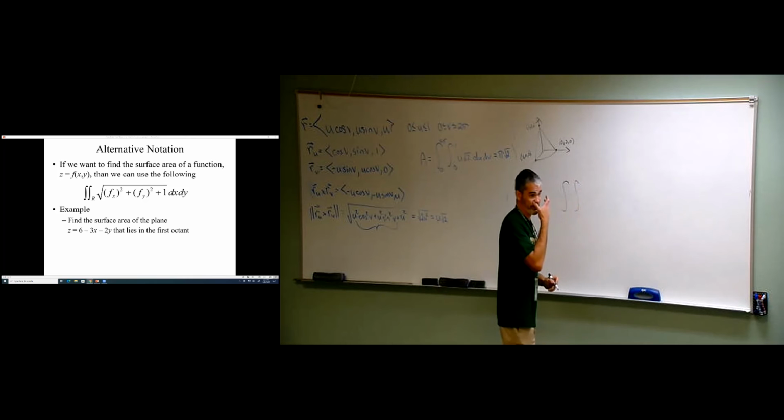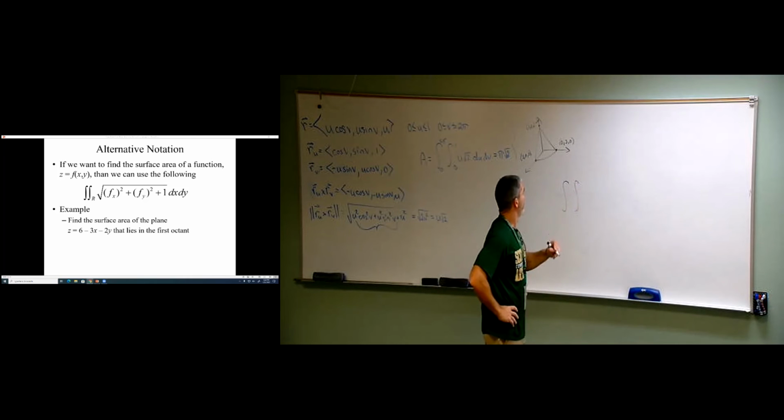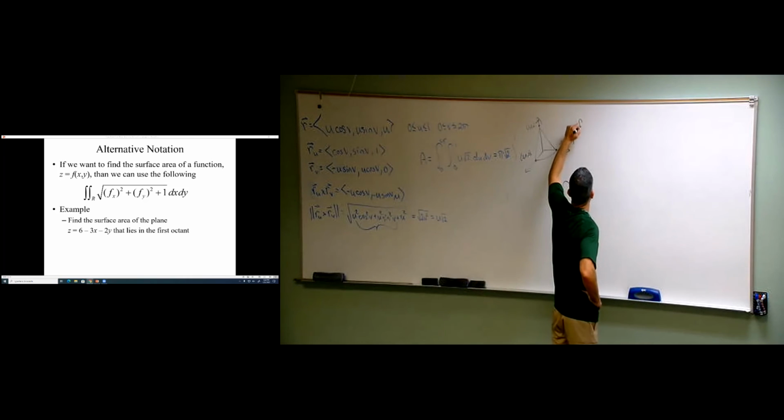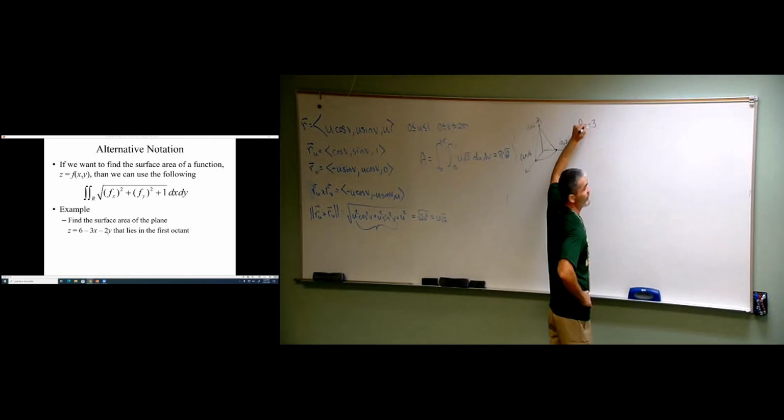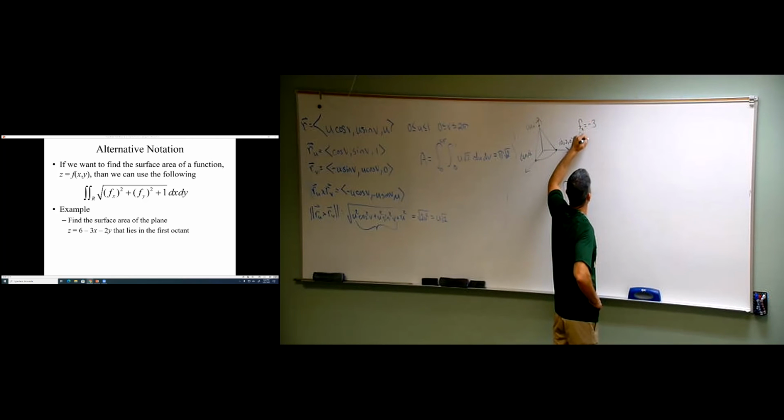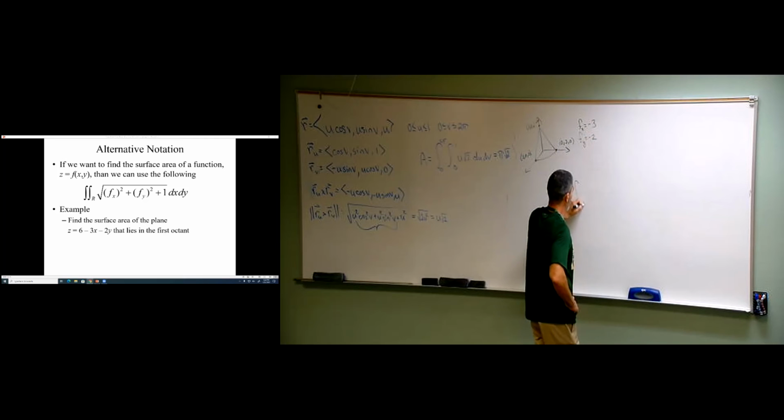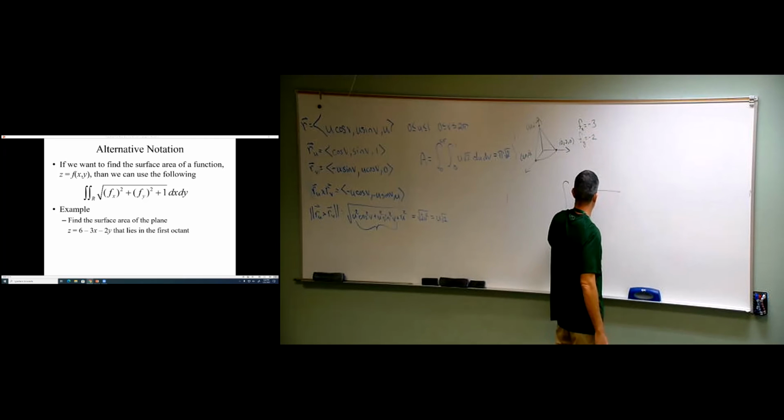Our integrand is pretty easy. What's f sub x for this function? Negative 3. Everybody okay with -3? All right, f sub y. So our integrand is -3 squared plus -2 squared plus 1.